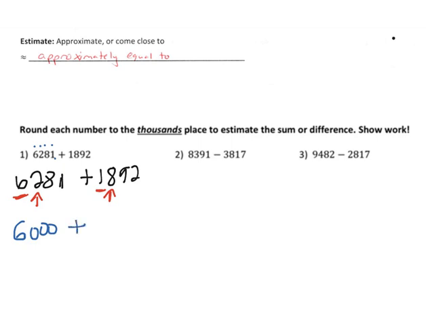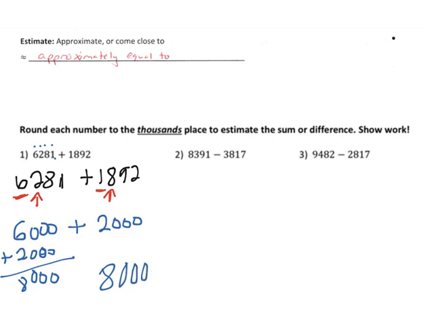The 8 is in the other category, so it says that the 1 goes up. This becomes 2,000. If I do 6,000 plus 2,000, it's going to make 0, 0, 0, and 6 plus 2 is 8. So we're going to have 8,000.